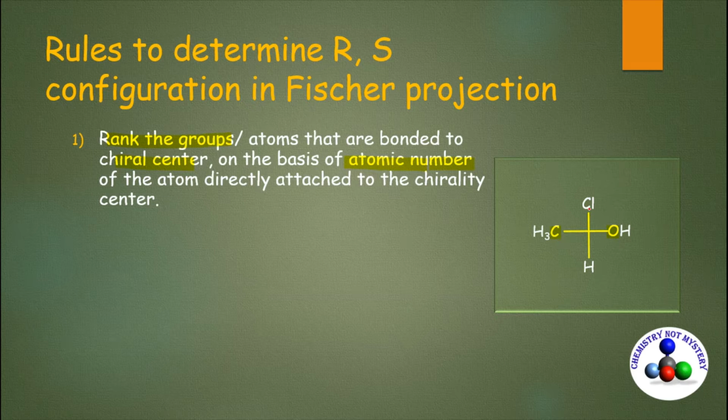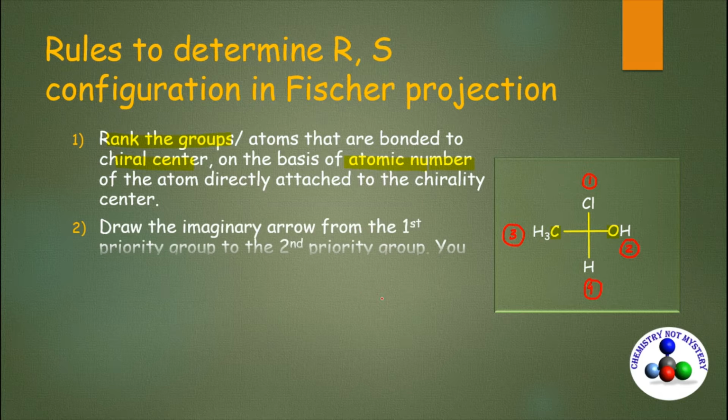So, among chlorine, oxygen, hydrogen and carbon, the atomic number of chlorine is the highest one. Its atomic number is 17, so chlorine will get the first priority or the first rank. Next, the atomic number of oxygen is 8, so it will get the second priority. And methyl will get third priority and hydrogen will get fourth priority.